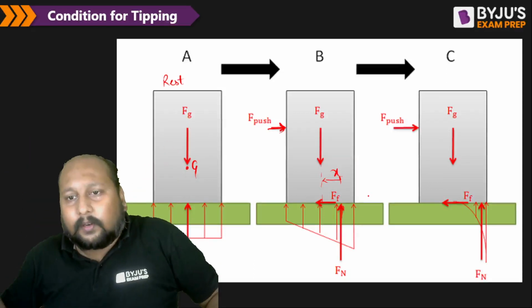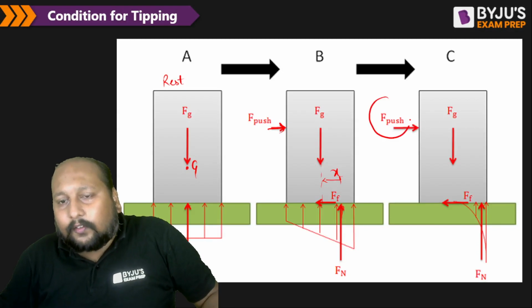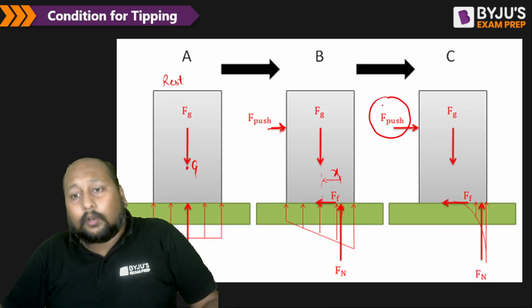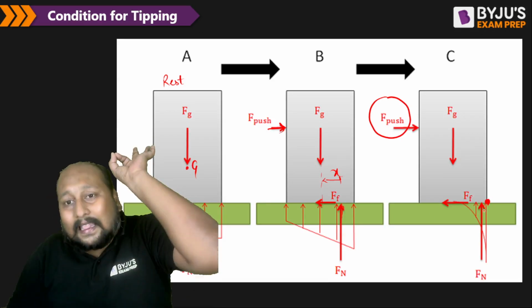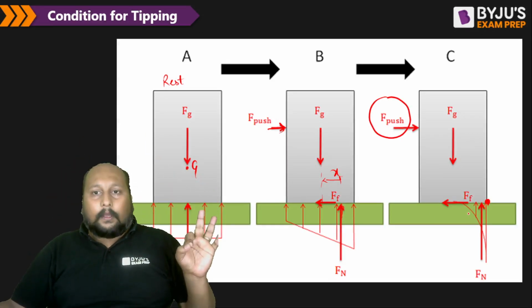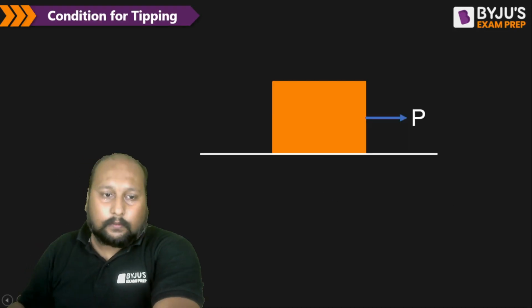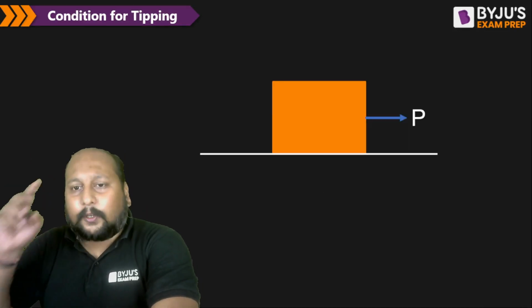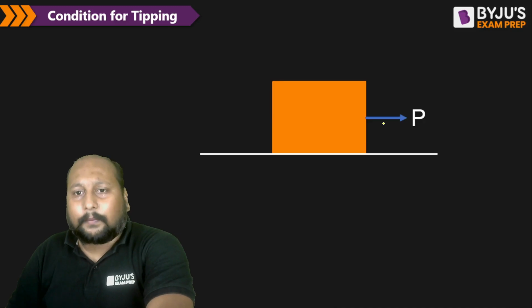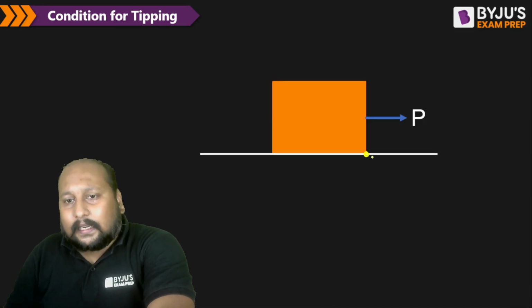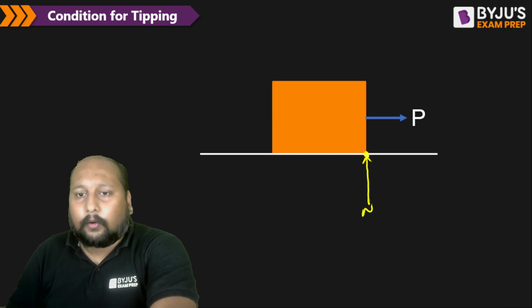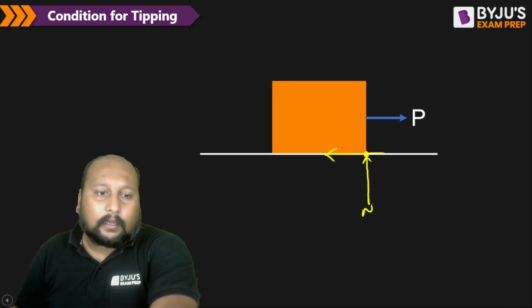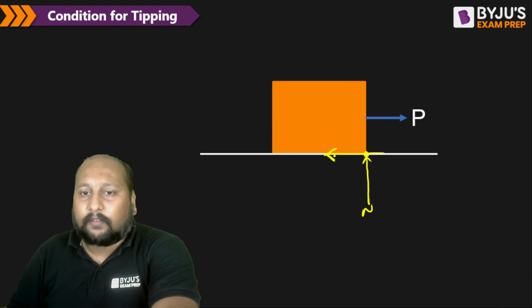The limiting condition is that we increase this force P in such a way that we reach that end point, and that point we call tipping. Because I am applying that much force which makes the normal reaction shift to its corner point. The more you apply the force, the more the normal reaction shifts towards the direction of the force. Okay, fine.